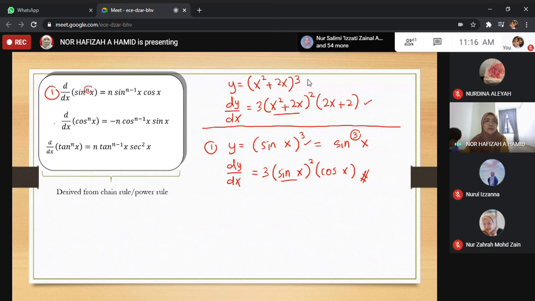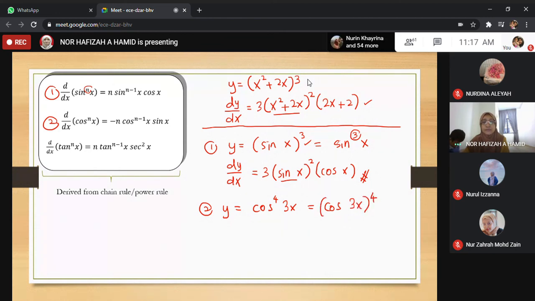Okay, so number 2, for example, you have function dia y equal to cos 3x power 4, or you can write down as cos 3x so power 4. Okay, so you differentiate dy over dx is equal to cos 3x power 4.